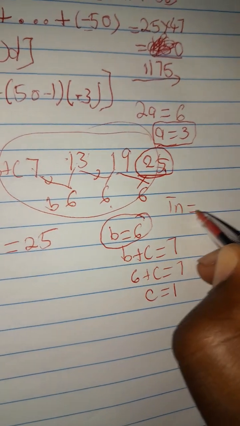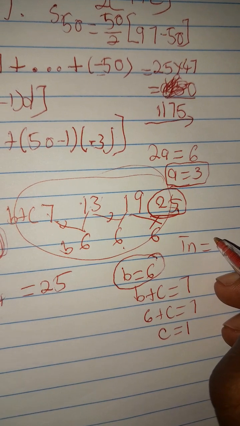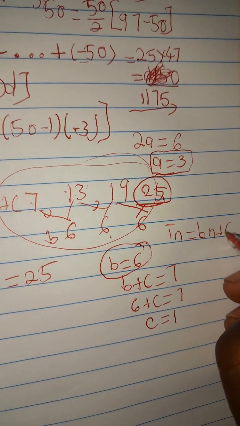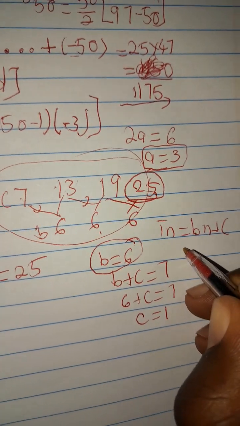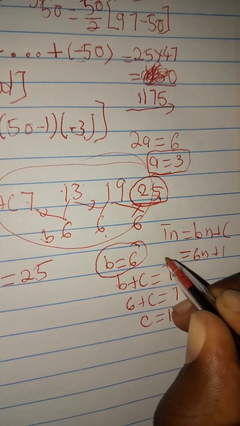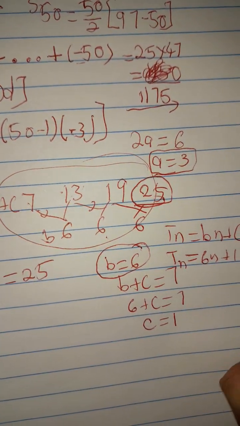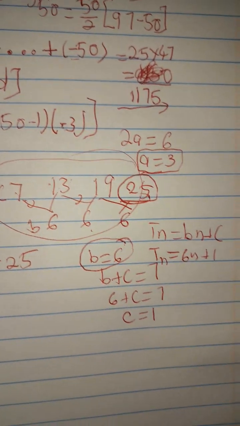So meaning that our Bn plus C, which is the linear pattern, our B is gonna be 6n, then our C is gonna be 1. So we are having Tn is equal to 6n plus 1.